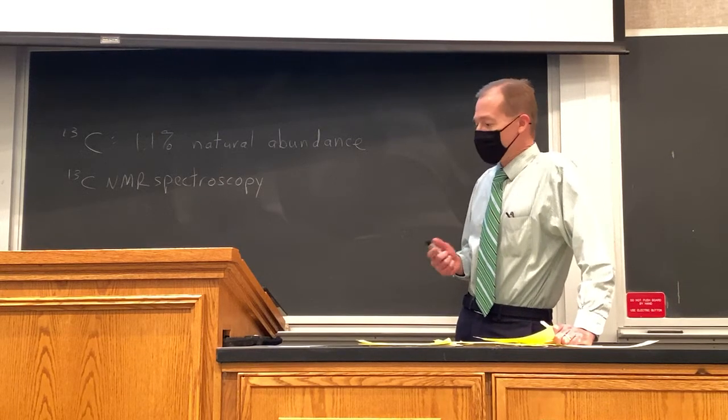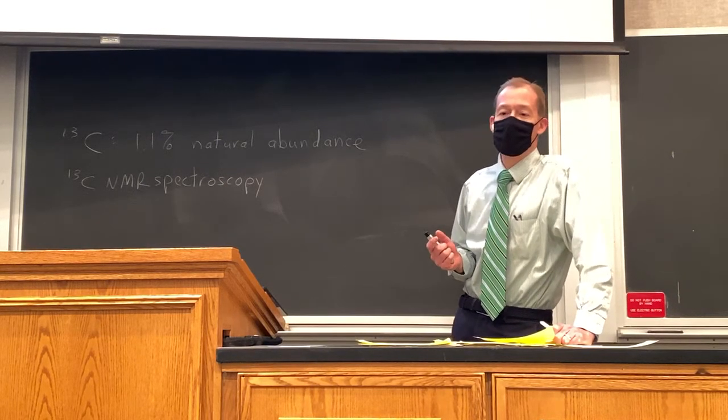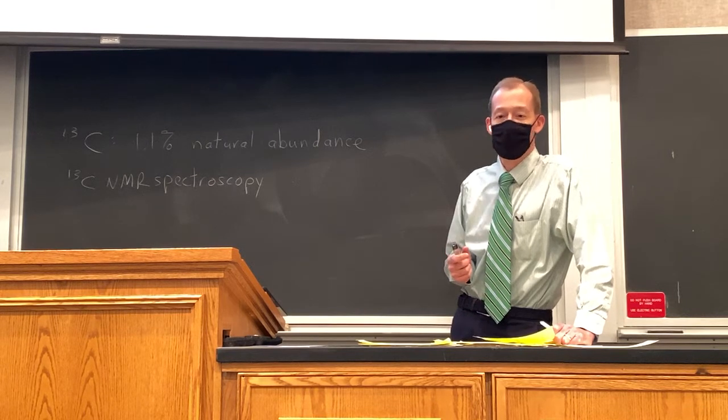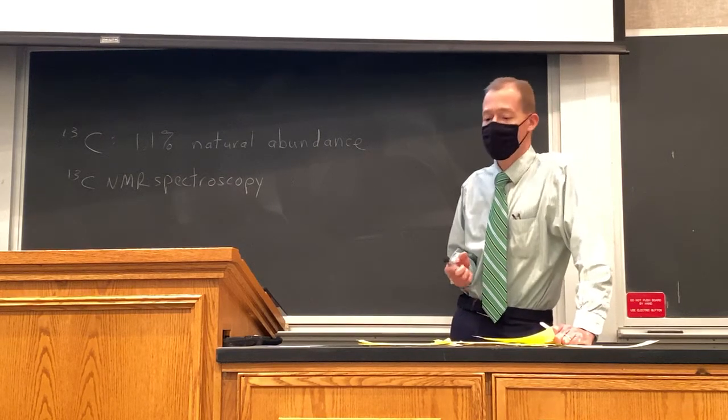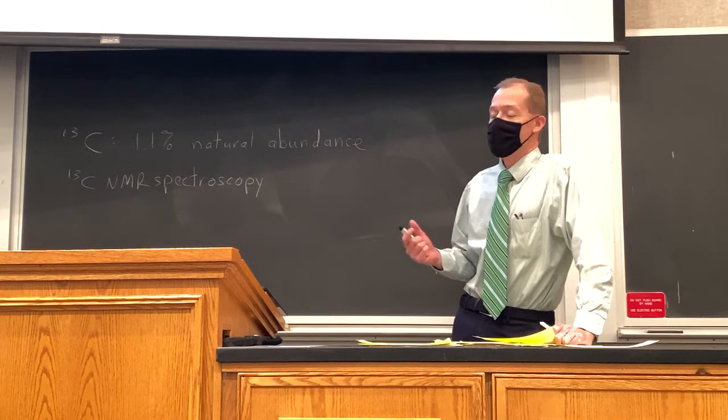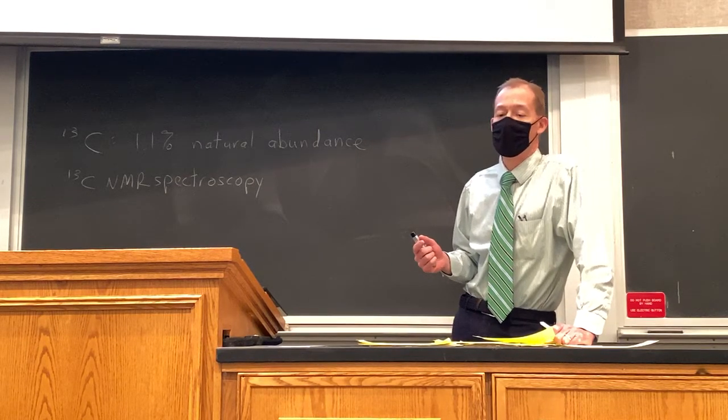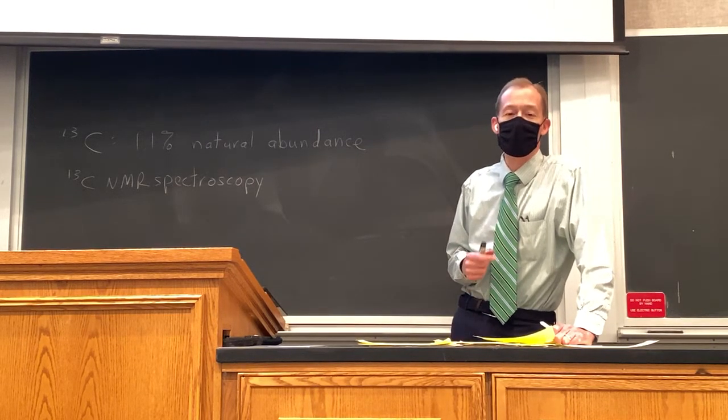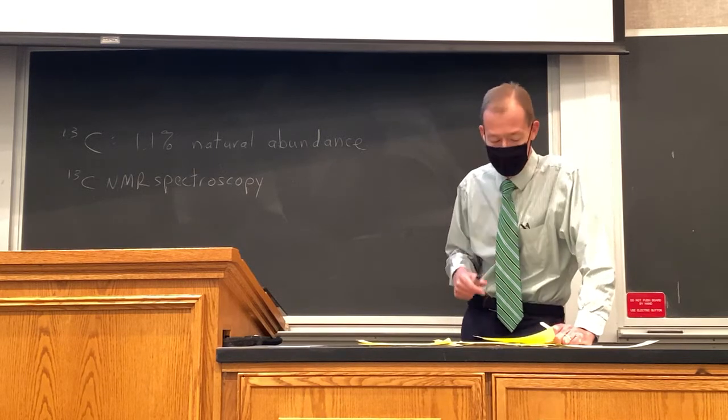So in proton NMR, we are detecting the most abundant isotope of hydrogen, whereas in C13 NMR spectroscopy, we are detecting an isotope that is not very abundant at all.